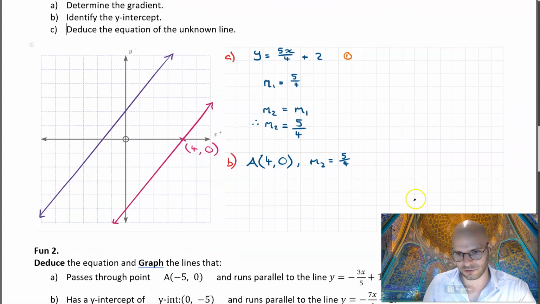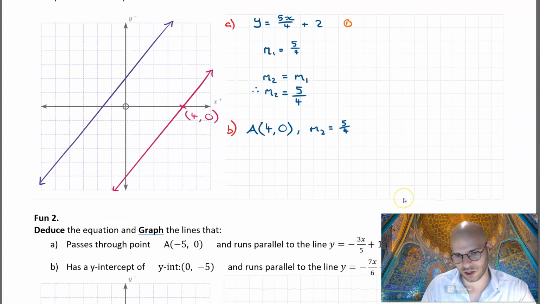Using this information, we can determine the equation using the formula y equals mx plus c, or in other words, we can turn it into c equals y minus mx, whereby we're using y1, x1.